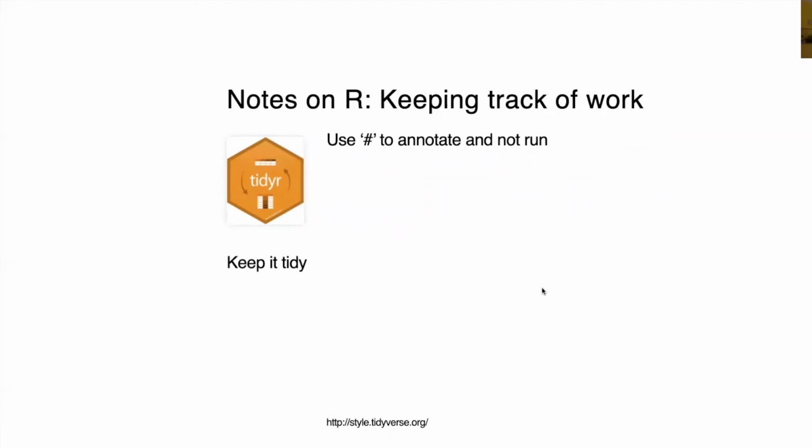So we're going to use this little hashtag to annotate a line of code and not run it. At the end of the course, you may have a sense of how to use R Markdown. That's good. You can build nice HTML files.